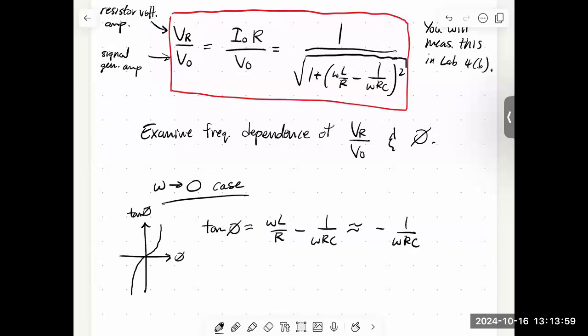Yes, exactly. It's minus pi over 2. And just for future reference, where it goes to plus infinity, that's plus pi over 2. So this is a large negative number, and that means phi is going to go to minus pi over 2. So that's our first bit of information.